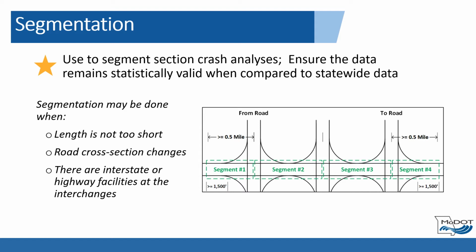As a note, segment lengths do not need to be equal, as crash rates will be adjusted accordingly based on length. Example study limits for a segmented interstate section analysis are shown here. Limits may be extended on cross streets as necessary to ensure that all crashes are being considered.